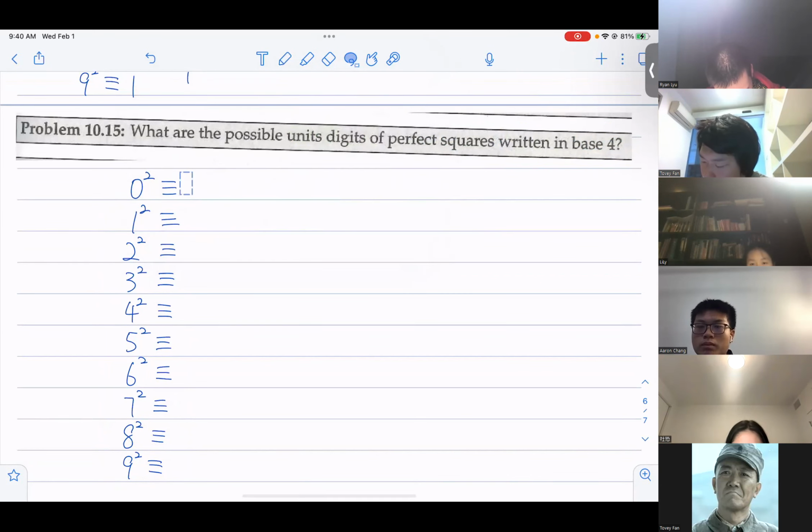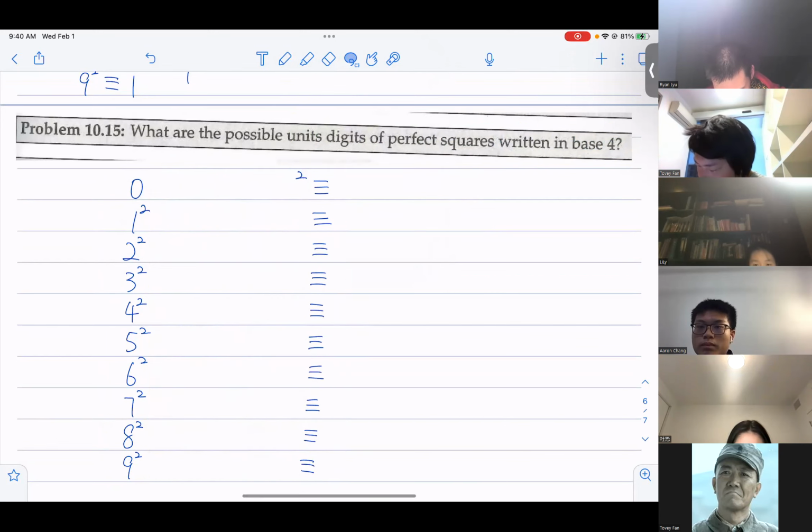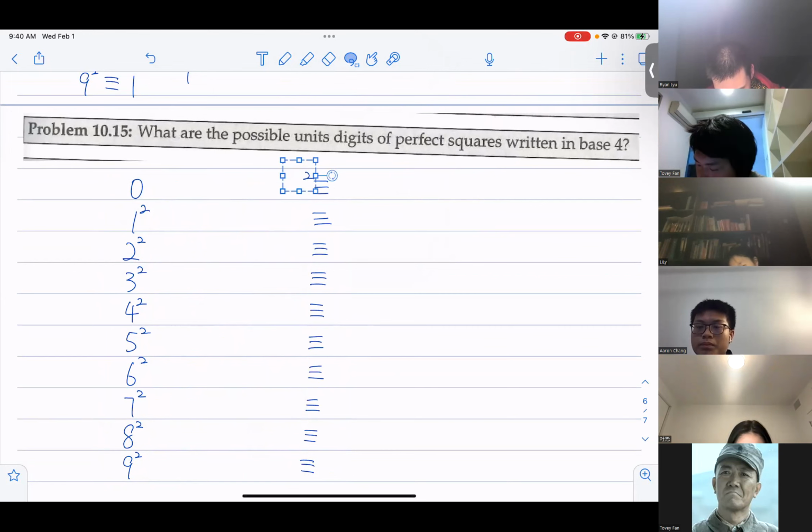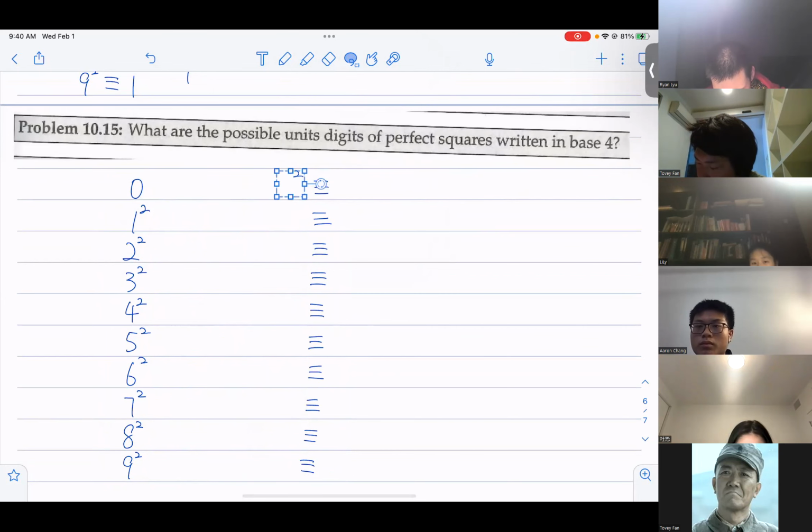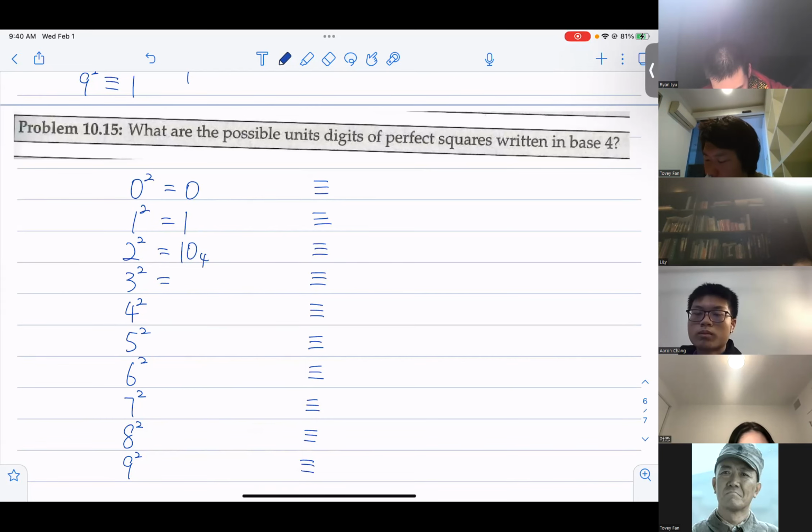But just to make it clear, I'm gonna first write everything down in base 4, and then we can look at the last digit, but actually just a remainder, okay? So first is 0, this is 1. 4 is going to be 1 0, right? Okay. 9 is going to be 2 1.